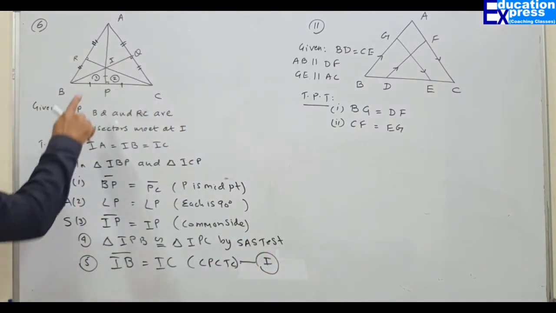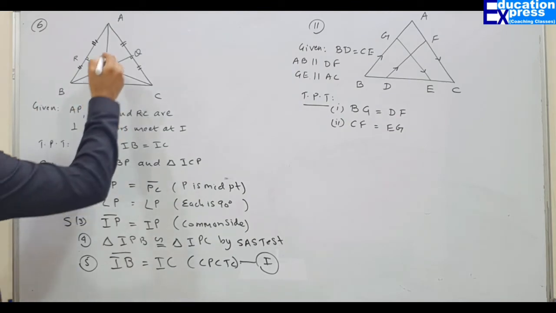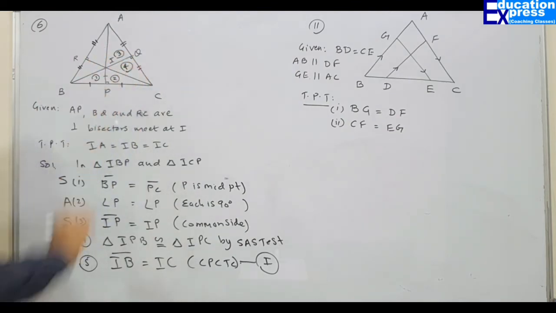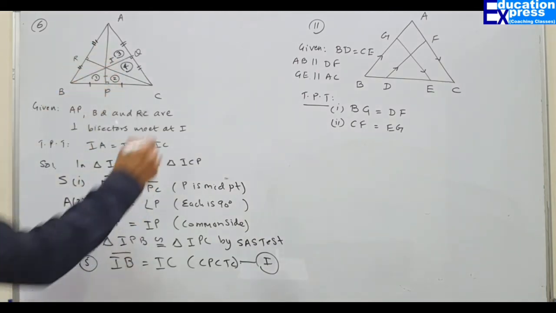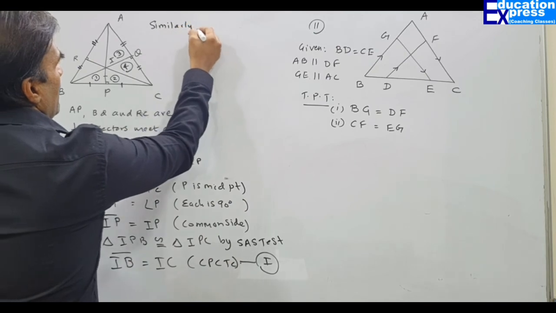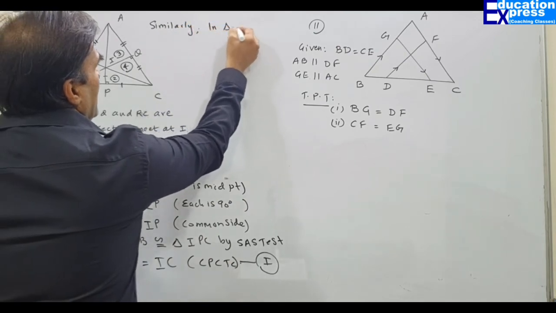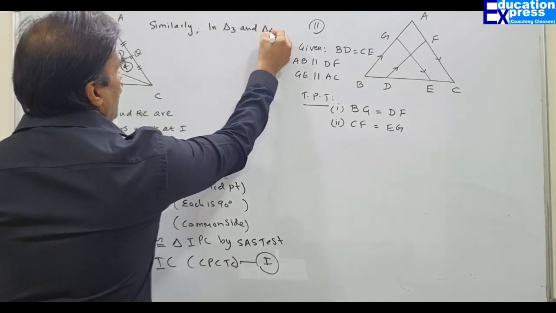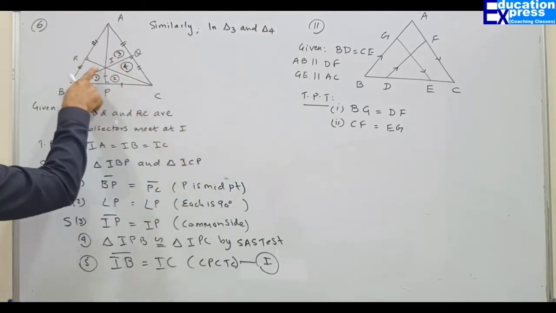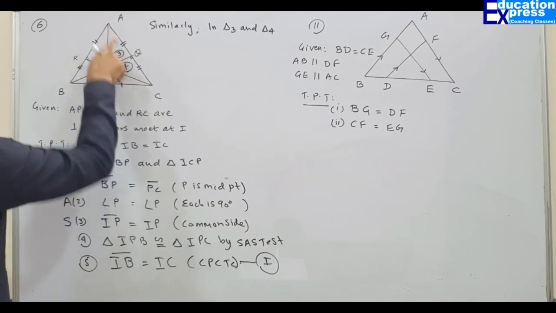Now what we did to triangle 1 and 2, we are going to do the same thing for triangle 3 and triangle 4. My dear friends, same thing. So similarly, in triangle 3 and triangle 4, please don't write triangle 3 and triangle 4. Please do mention their names. Their names would be ICQ and IAQ.